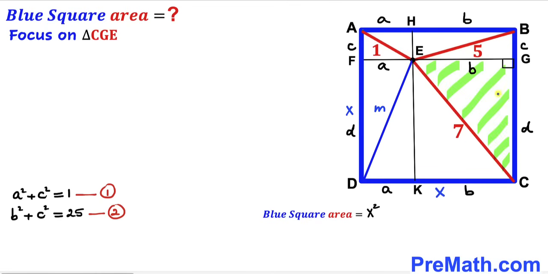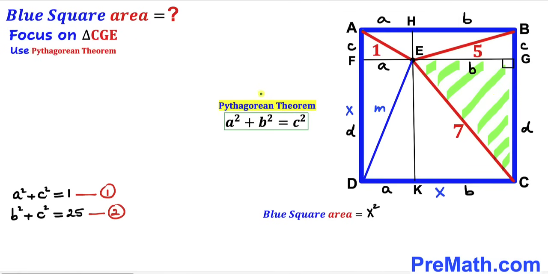Now we are going to focus on this other right triangle CGE, and apply the Pythagorean theorem on this triangle as well. In our case, our hypotenuse is 7, whereas our two other legs are b and lowercase d. Let's fill in the blanks in this Pythagorean formula.